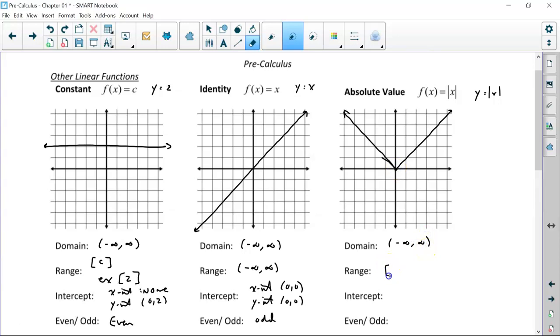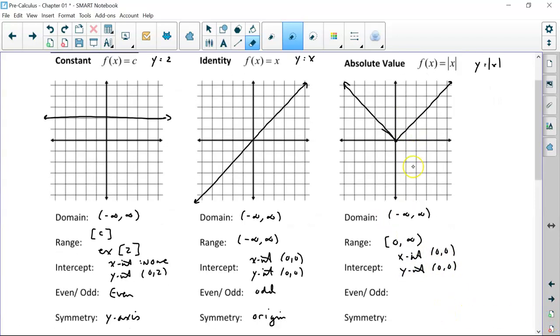So starting at 0 with a bracket to positive infinity. Remember, we go from smaller to larger. Our intercepts, the x-intercept and the y-intercept are at the same spot. They're both at the origin, 0, 0. Looking at the symmetry of this, it has y-axis symmetry. If you reflect along that y-axis, if you fold along that y-axis, everything matches up, so it's an even function.